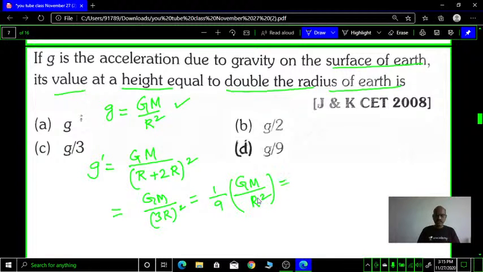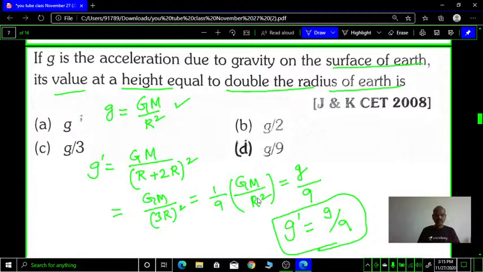What is G M by R square? It is small g. So small g by 9. So g dash equals g by 9. So option D is the correct option. At a height of double the radius of the earth, the g value is g by 9, with 9 in the denominator. Yes, let us go for the next question.